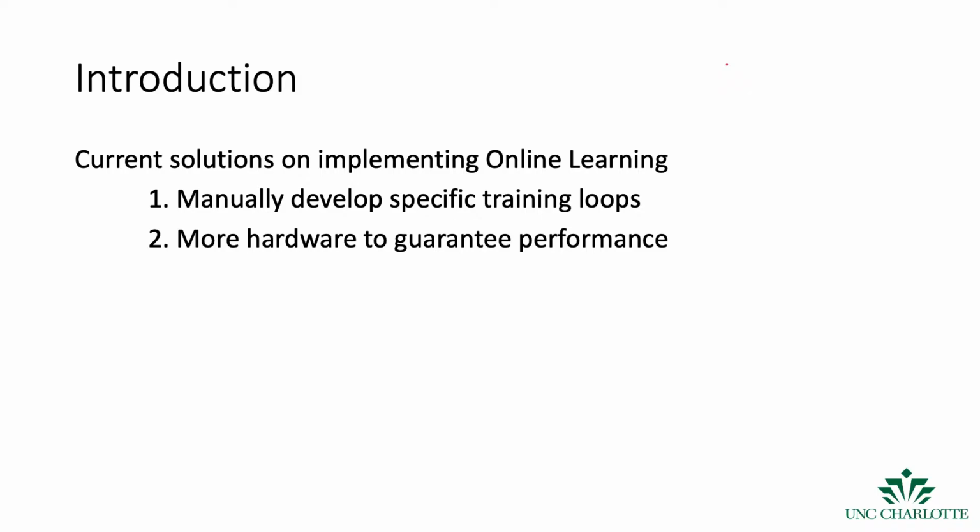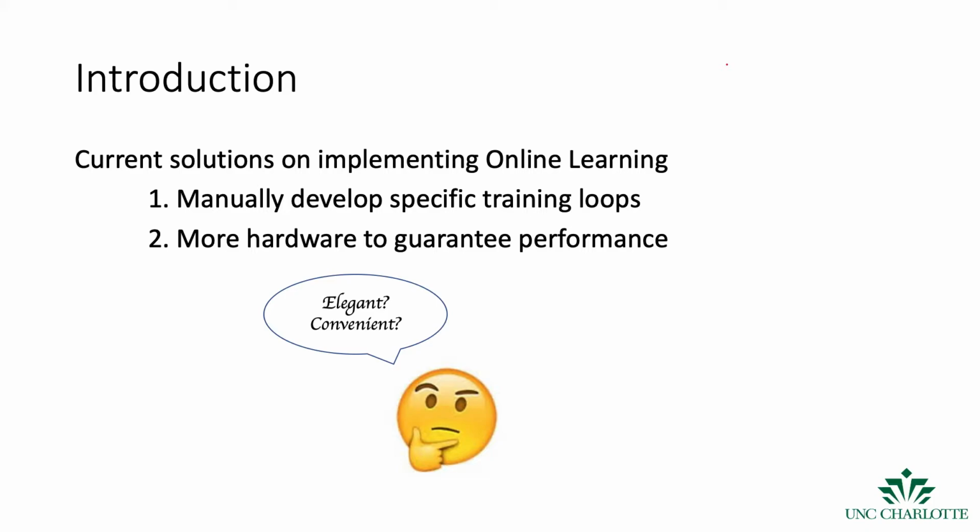However, the current solution for online learning is a little bit complicated because the user has to manually design specific training loops, which is very complicated and time-consuming. Moreover, more hardware resources may be needed to guarantee the performance. So, is there any elegant and convenient method to implement online learning?